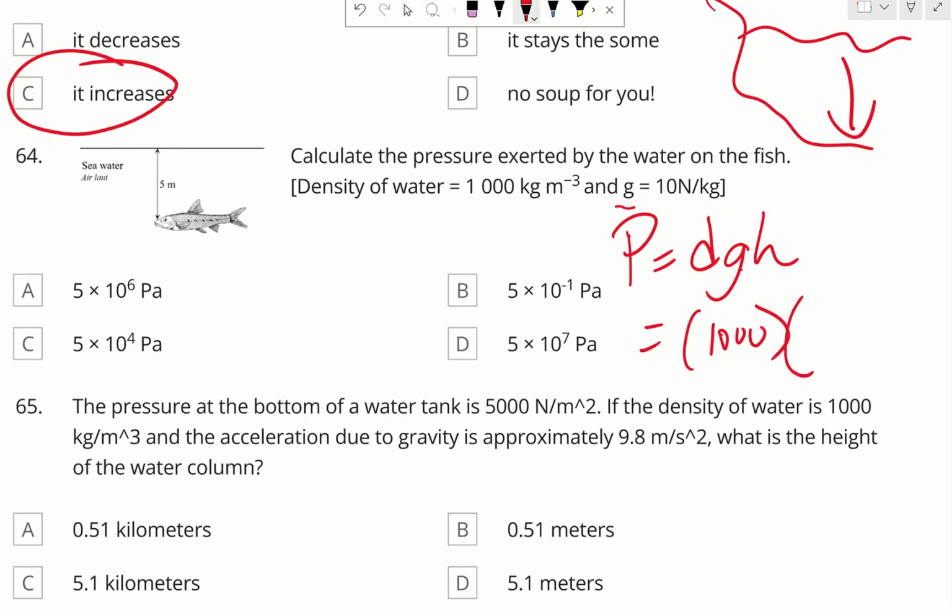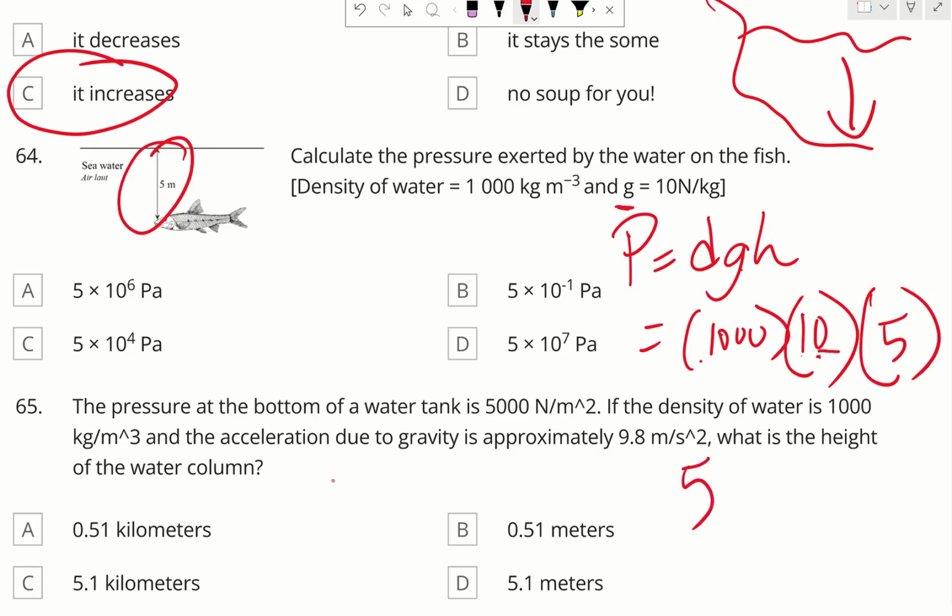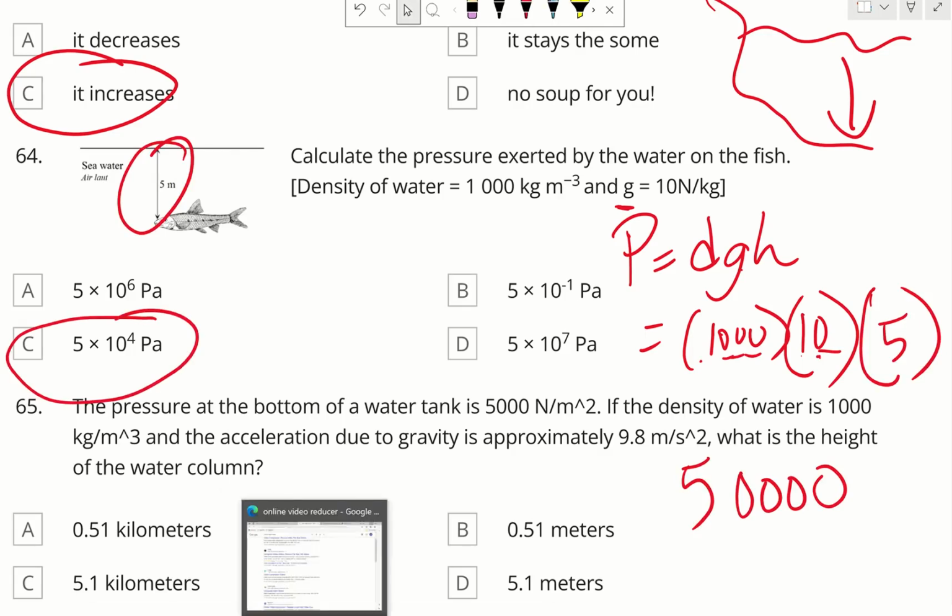Gravity, or the G here, we're going to say is 10. It's 9.8, 9.81, but we'll use 10. And my height is over here, the meters, 5 meters. So 1,000 times 10 is 10,000, times 5 is 50,000. So 5, I have 1, 2, 3, 4 zeros. Or, say 5 times 10 to the 4th power.